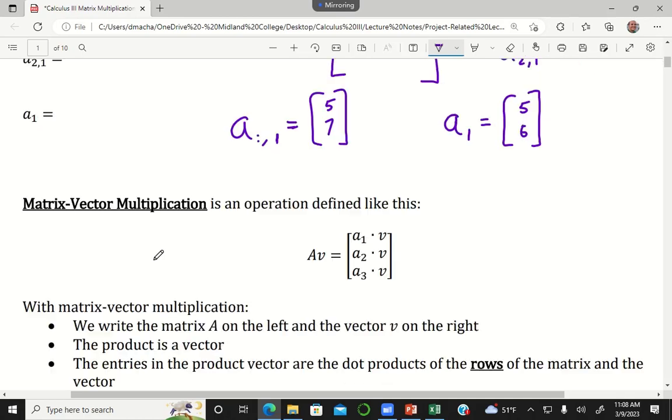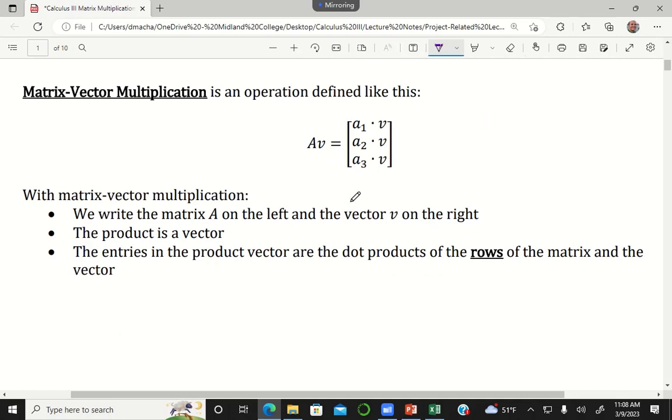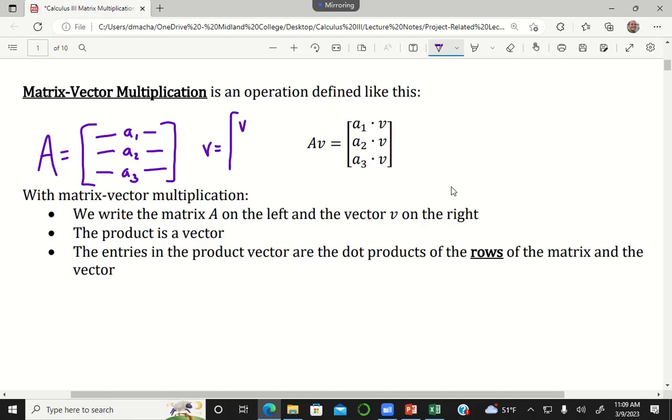Okay. So if we have a matrix A, and the matrix A has rows that are A1, A2, A3, so this is like a 3 by 3 matrix where there's 3 rows and 3 columns. And then I have a vector V, and my vector V just has 3 entries, V1, V2, V3.